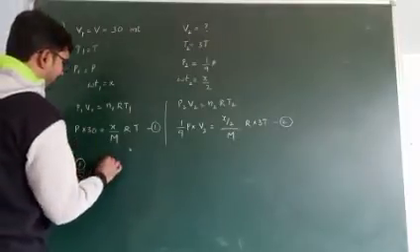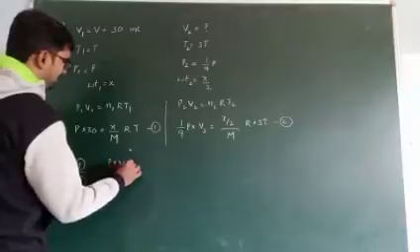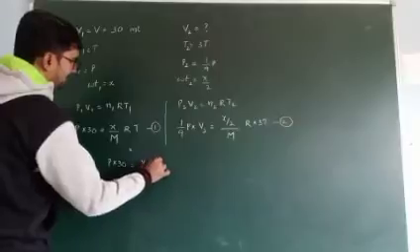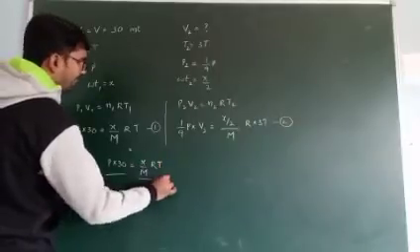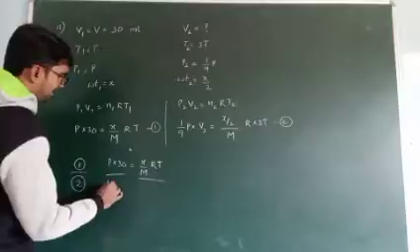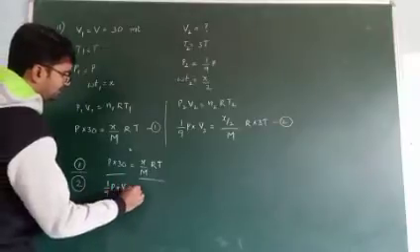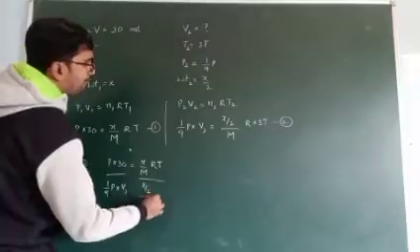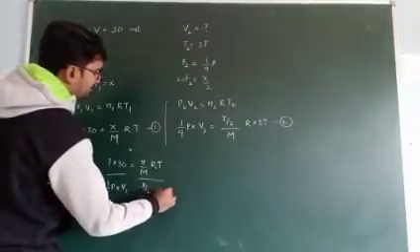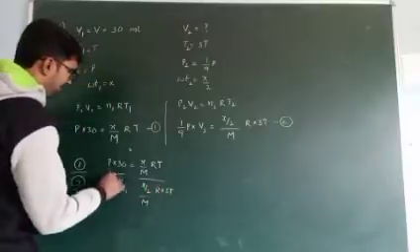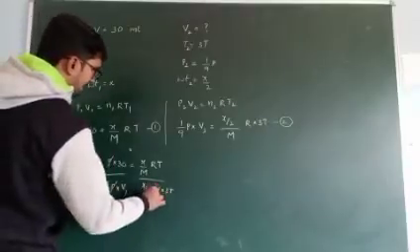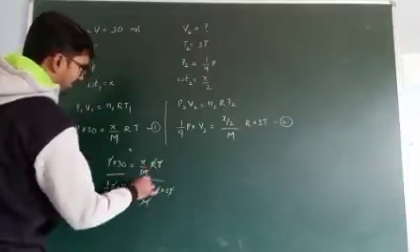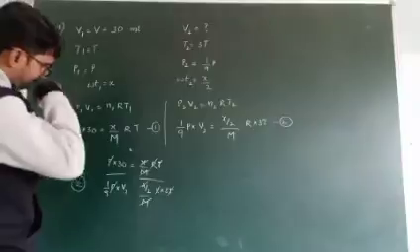So 3P into V1 (30) is equal to x by mRT, divided by 1 by 9 into P into V2, which is x by 2 by mR into 3T. Okay. P cancels, R cancels, T cancels, x cancels, x cancels.